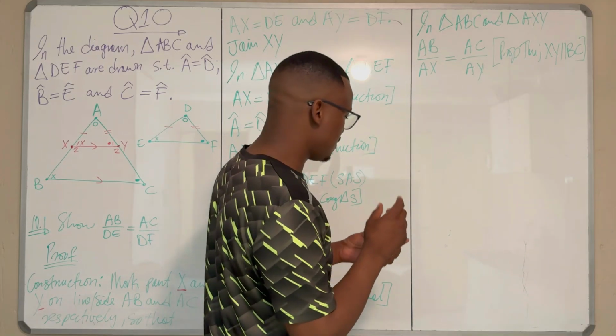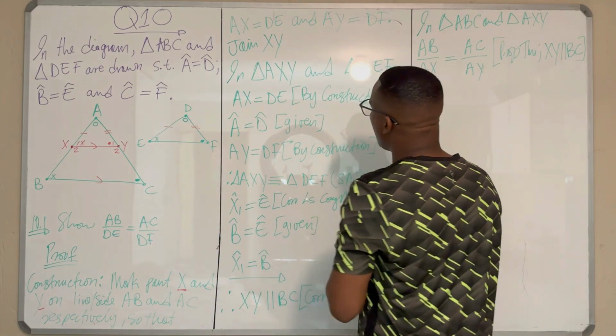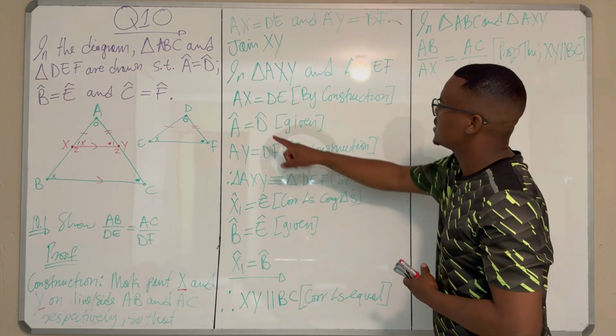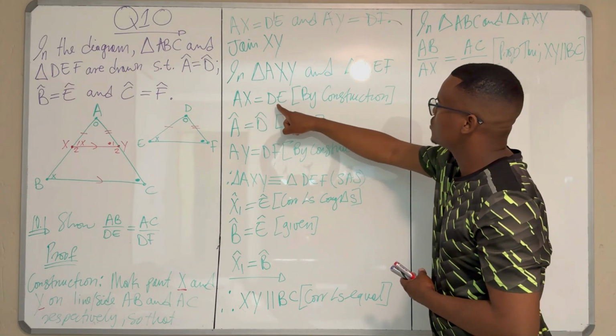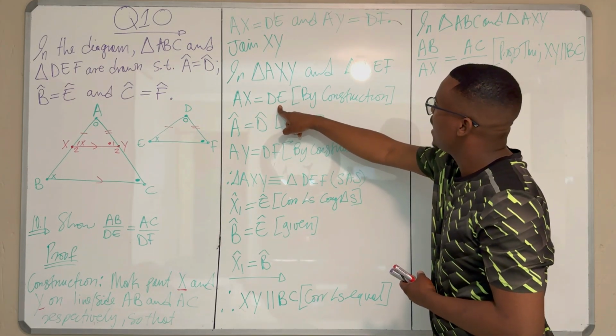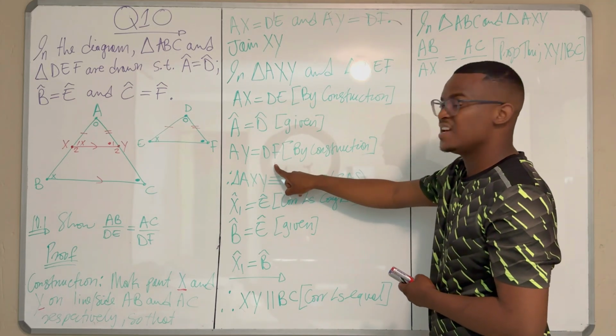But look now, remember that by our construction, we said that AX is equal to DE, and that AY is equal to DF.